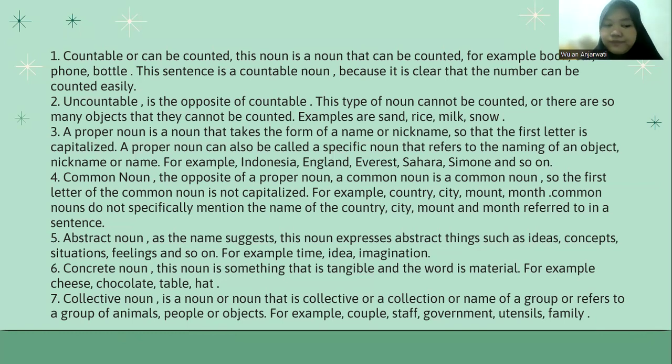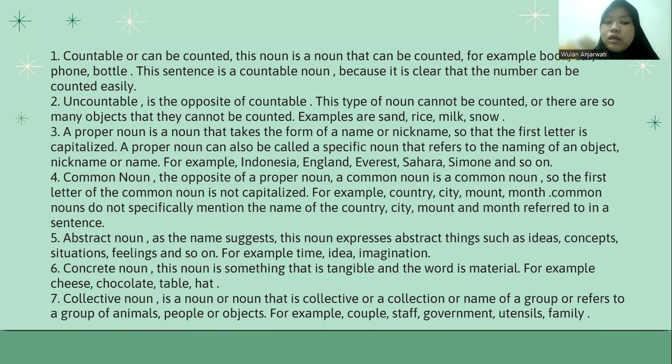And abstract noun. As the name suggests, this noun expresses abstract things such as ideas, concepts, situations, feelings, and so on. For example, time, idea, and imagination. And concrete noun. This noun is something that is tangible and material.